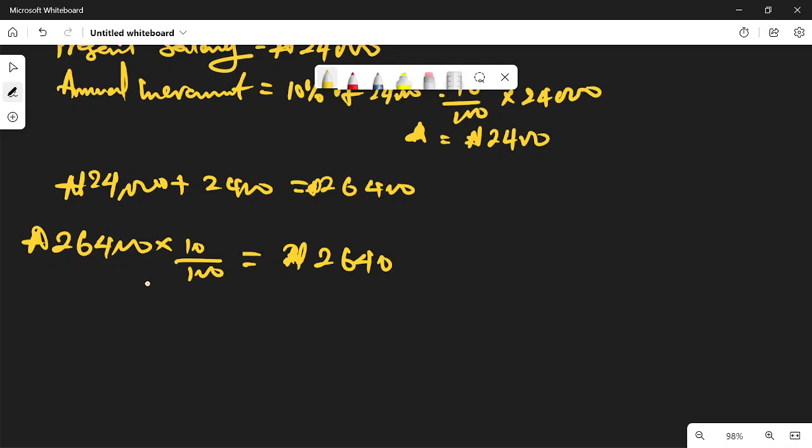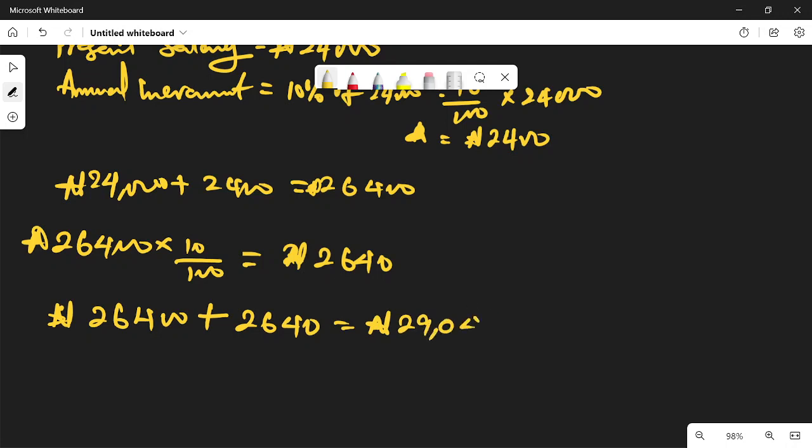So add it to the beginning of the third year. So that will be 26,400 plus 2,640 naira, and that will give you what? 29,040 naira. So that's option B. That's the amount he is going to earn in the third year.